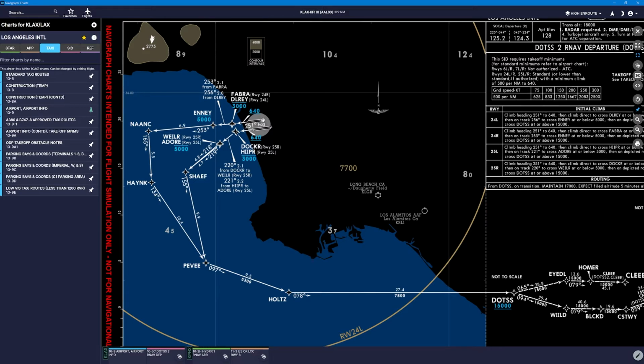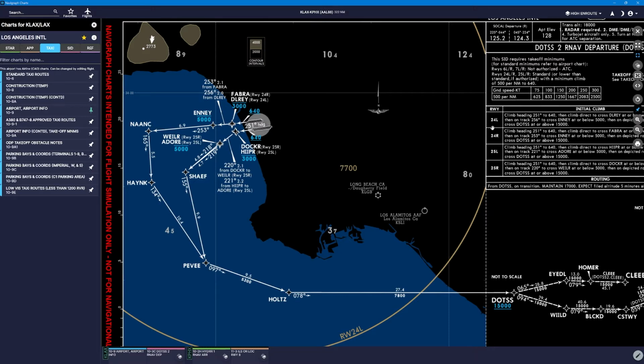All of the runways are heading in the 251 degree direction. So they're all facing the same direction. They just have different runway headings or numbers. Anyway, 24 left.